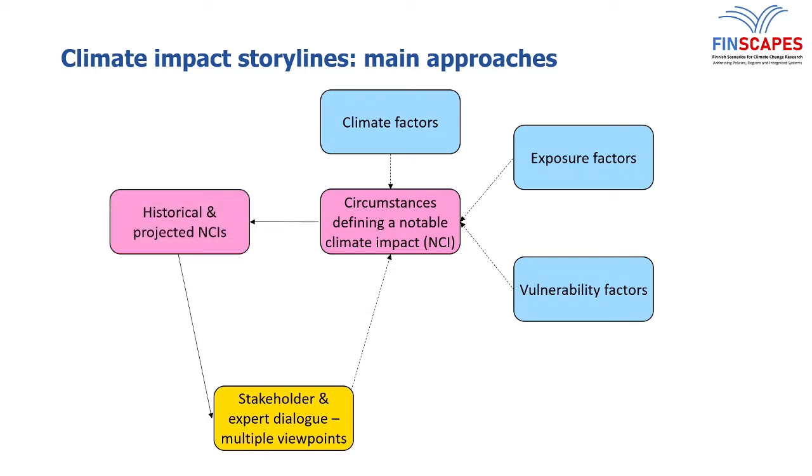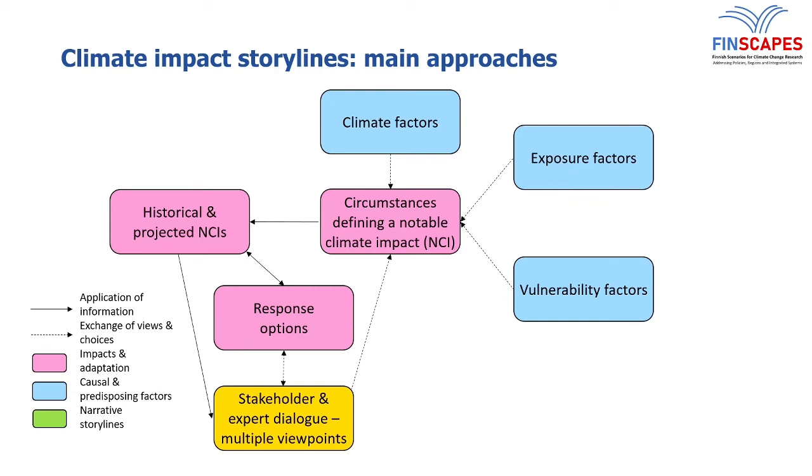After that, the magnitude and frequency of these notable climate impacts can be assessed, firstly from historical data, looking at observations and documentation, and then using models to look at how the impact might change in the future, or indicators in the lack of models, or expert judgments.